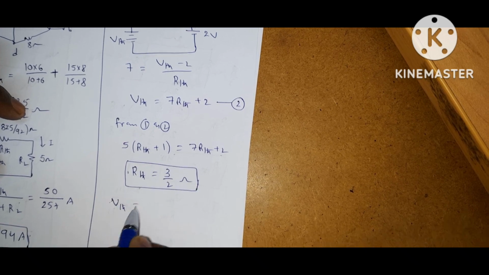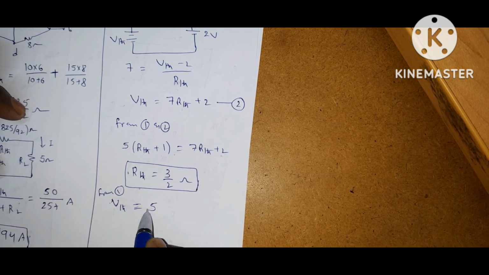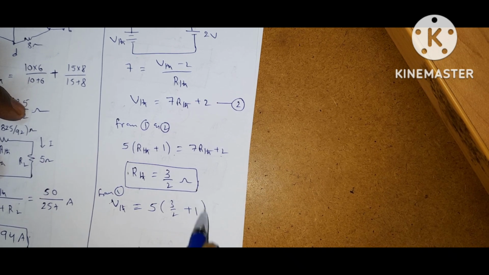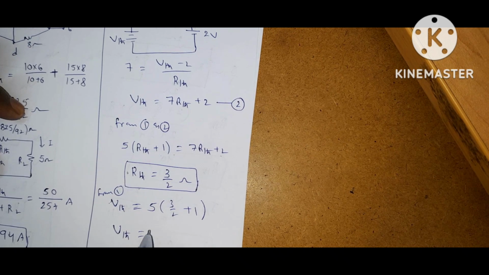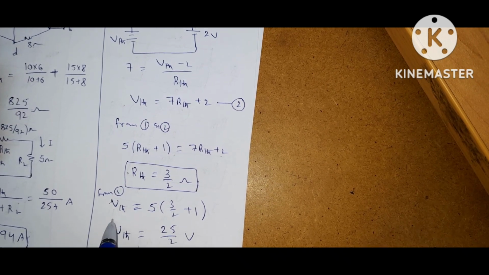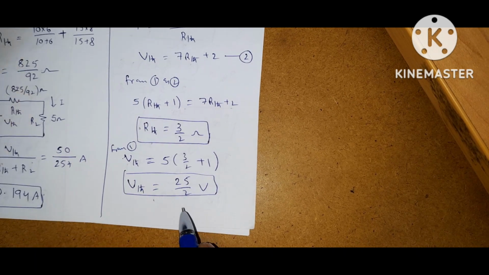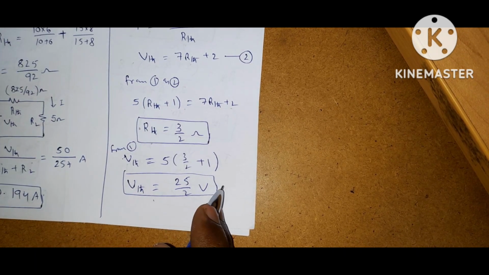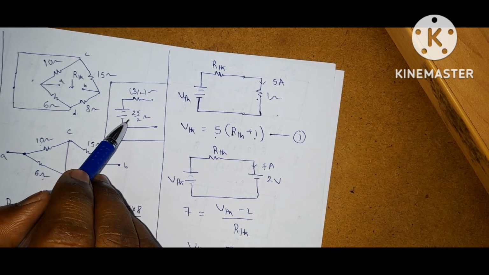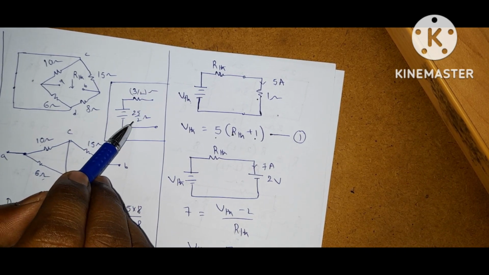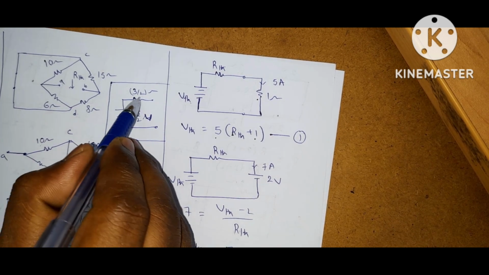So VThevenin from 1 is 5 into 3 by 2 plus 1, and you will get 25 by 2 volts. So this is the equivalent circuit for the battery: the voltage is 25 by 2, which is 12.5 volts, and 3 by 2 ohms.